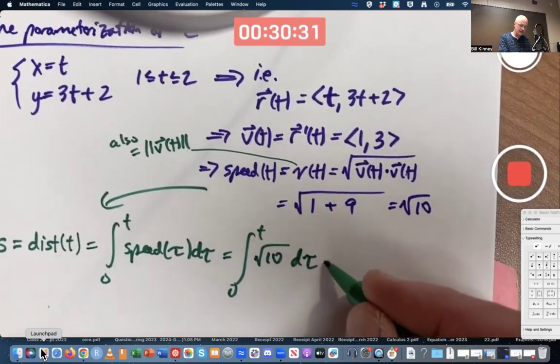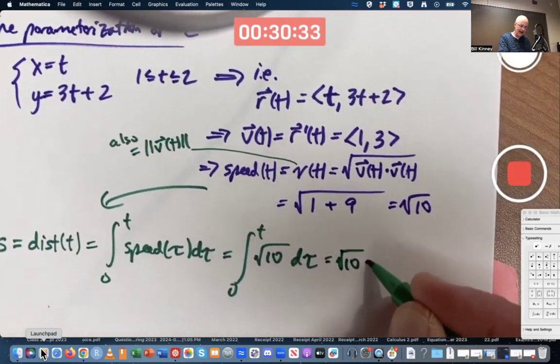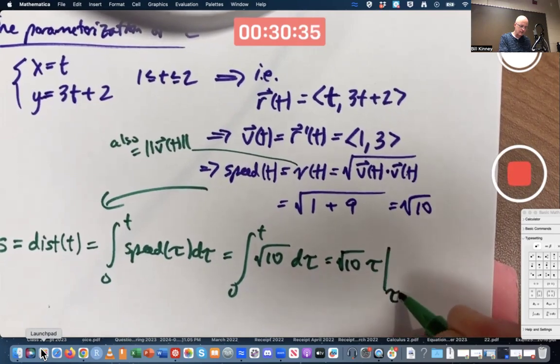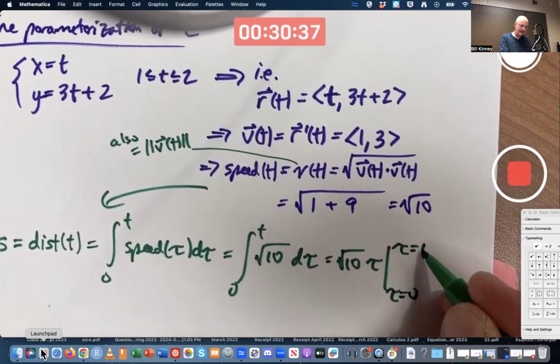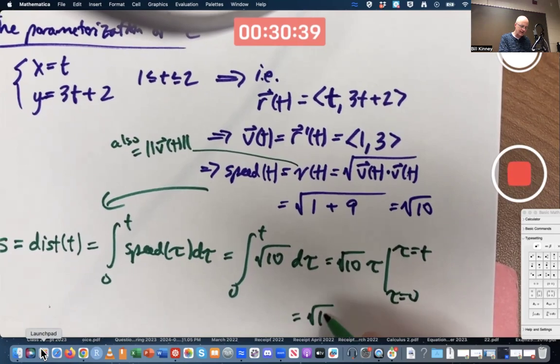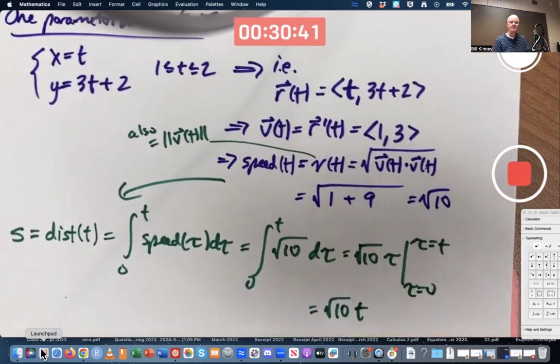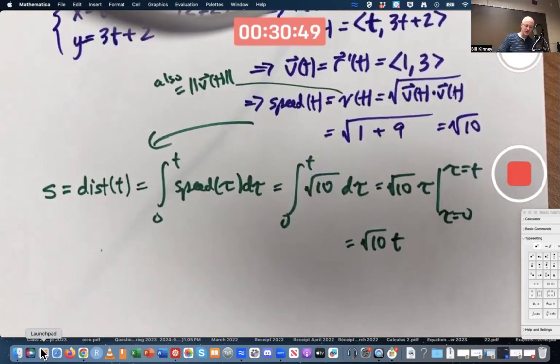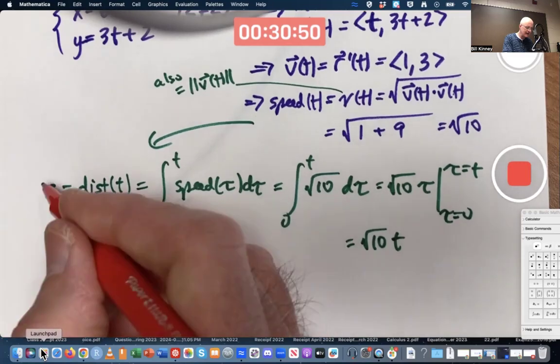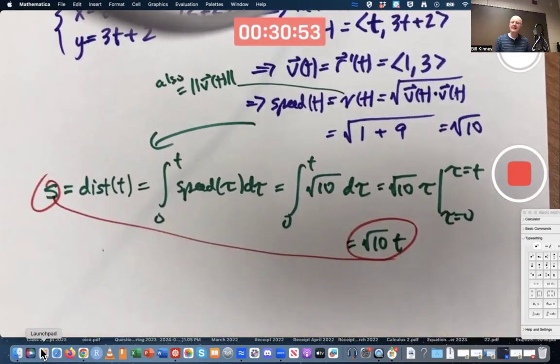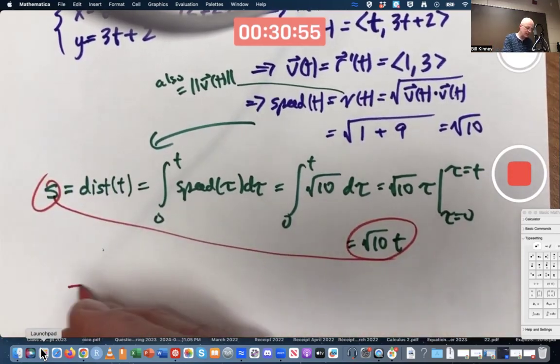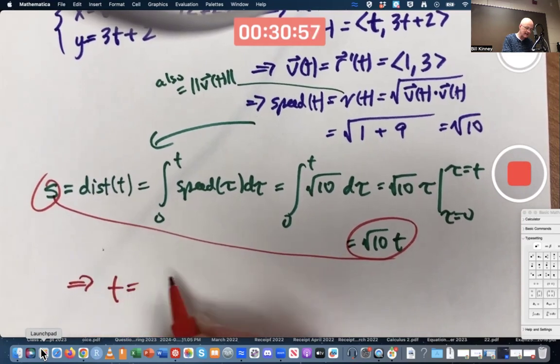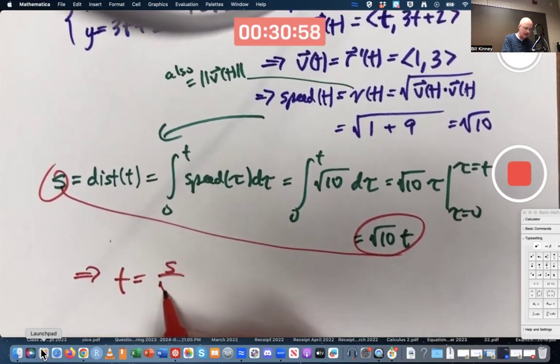So the integral is pretty easy to do. Get square root of 10 tau, tau goes from 0 to t. And in the end, that simplifies to square root of 10 times t. If we take this equality and solve for t in terms of s, t is s divided by square root of 10.